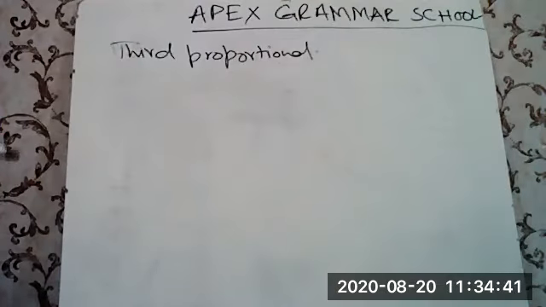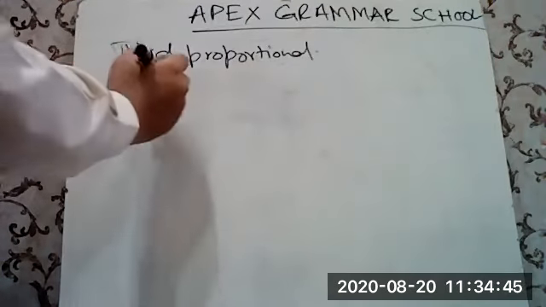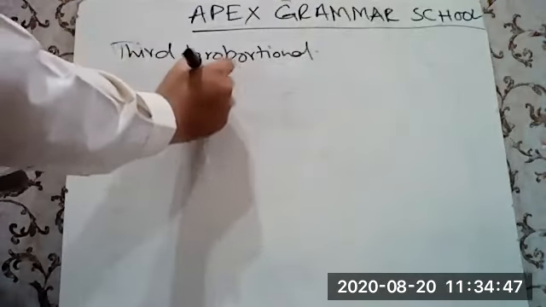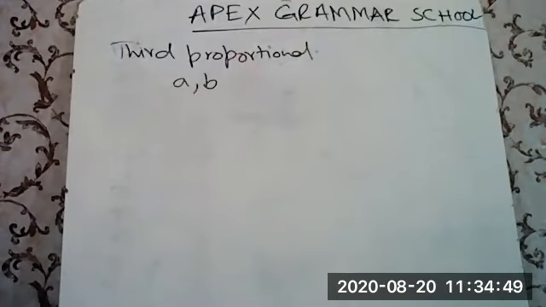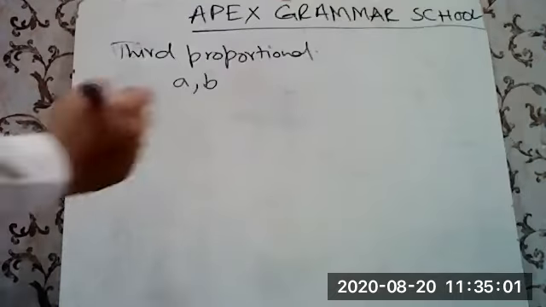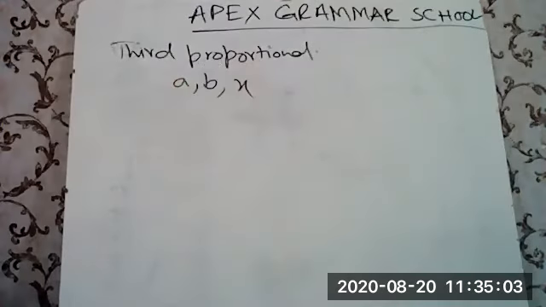Third proportional is basically this: if we have two quantities, A and B, and we want to find the third proportion between them, we can suppose that the third proportion is x. So we need to find the value of x.